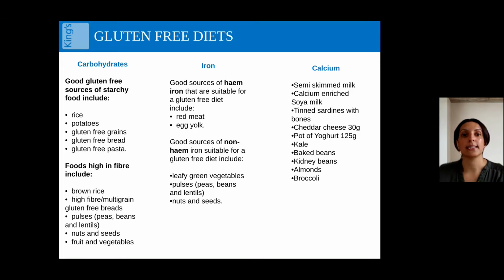So what I've tried to do is list some of the more common carbohydrate food sources you might be including as part of your gluten-free diet, as well as giving you a few food examples of great sources of iron, both from animal and plant-based products, as well as good sources of calcium. So these nutrients would be important for all of you, even if you're not following a gluten-free diet.